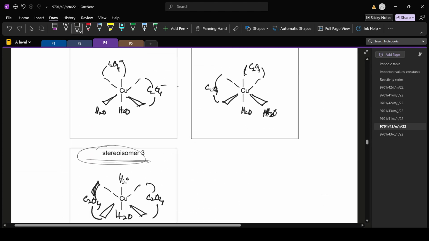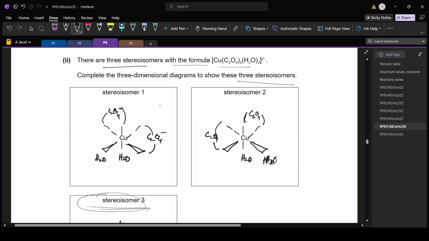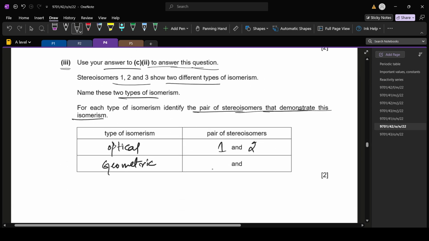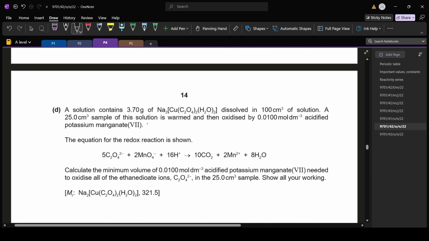So the first and second pair show the optical isomerism, and then the first and third, or second and third, show the geometrical isomerism. Okay, now moving towards the next part.